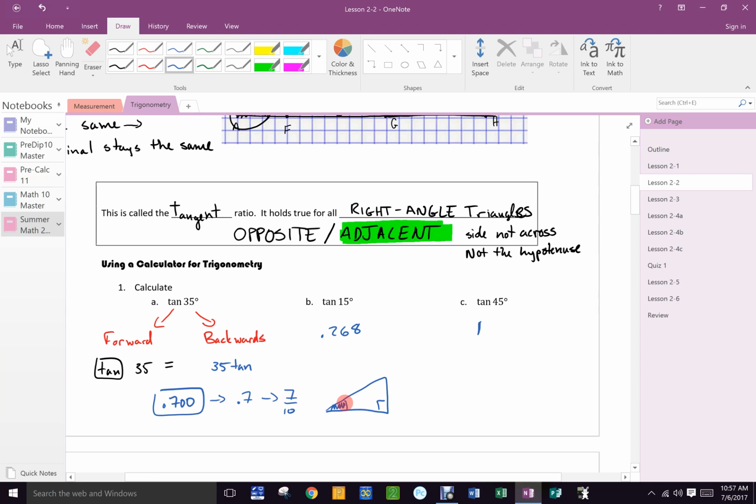Where does the 7 go? On the bottom, on the right, or on the hypotenuse? On the right. That would be 7. That would be 10. Does everybody get it? Okay. Could this be 14 and this be 20?